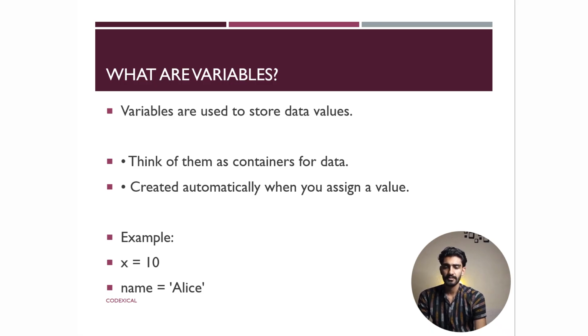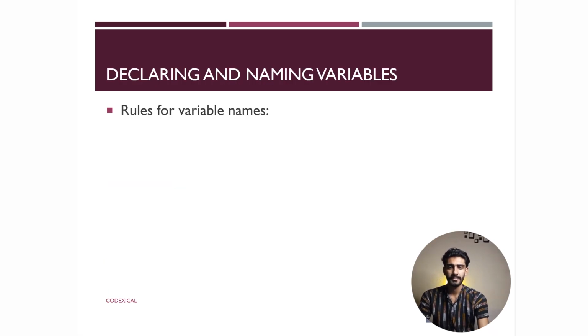X is also a container as a variable. So 10 is put into the container of X. And the next variable is name, which has a character value that is assigned to the name.